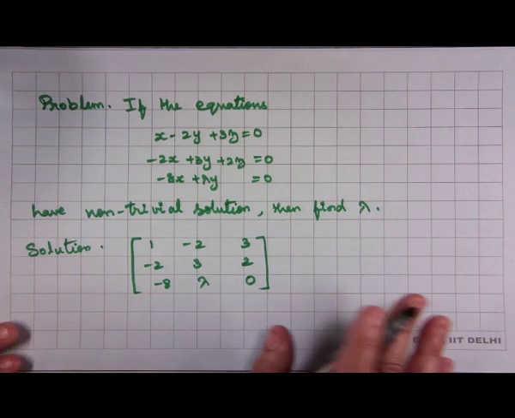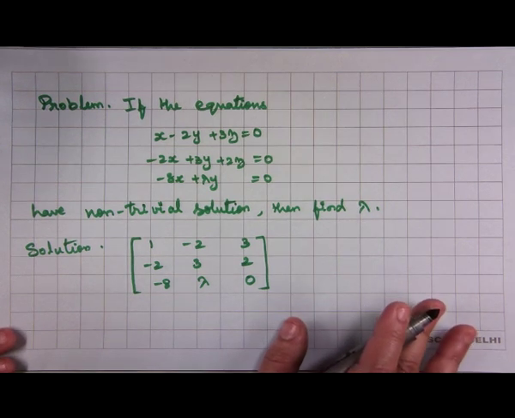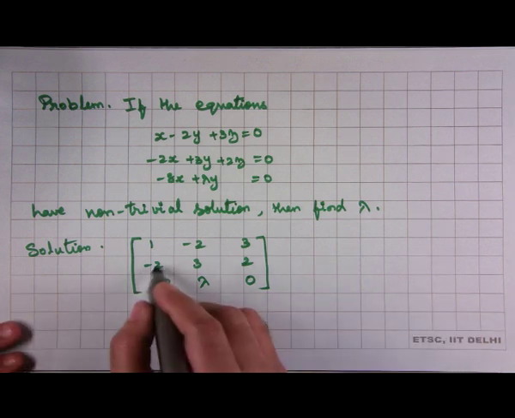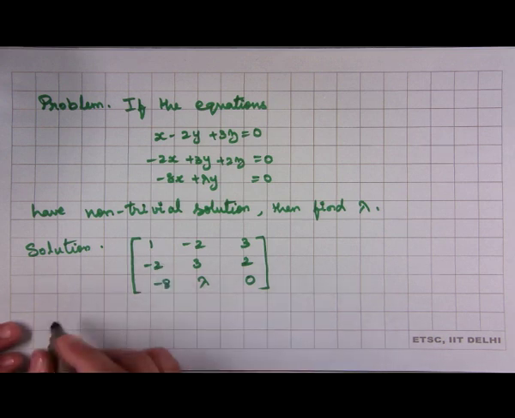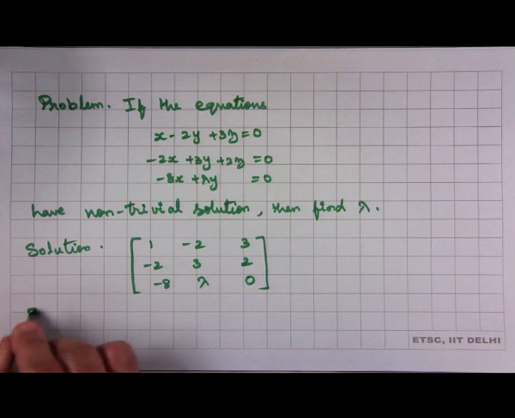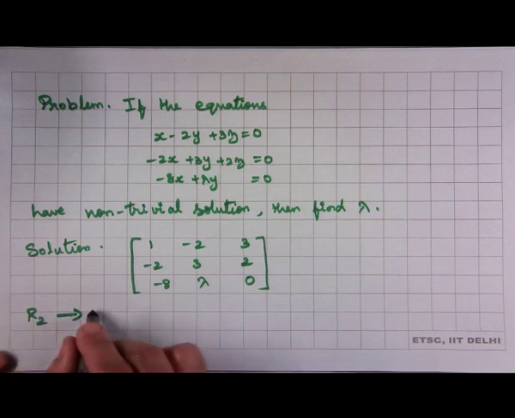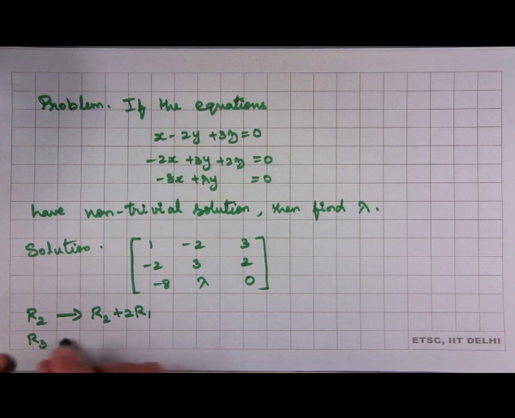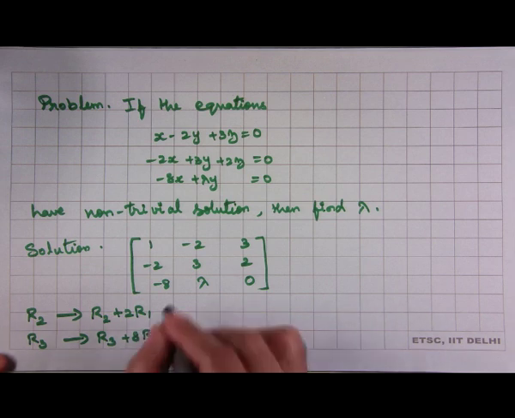Now, let us try to convert this into its row reduced echelon form. Let us try to convert this minus 2 and minus 8 into 0. R 2 is replaced by R 2 plus 2 times R 1, R 3 is replaced by R 3 plus 8 times R 1.